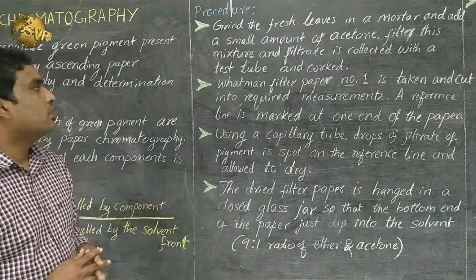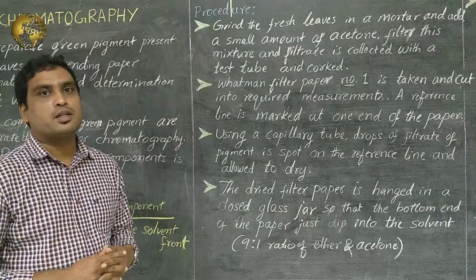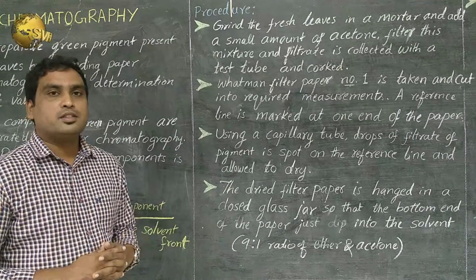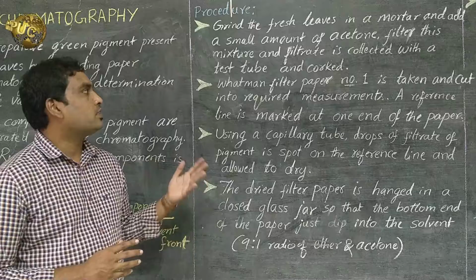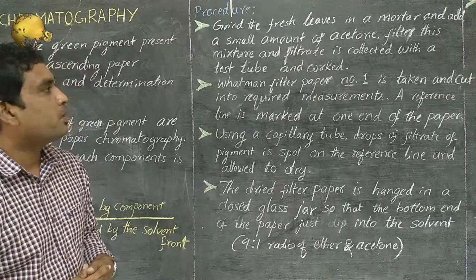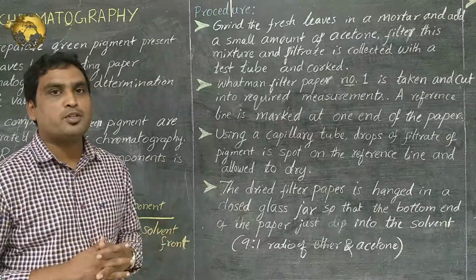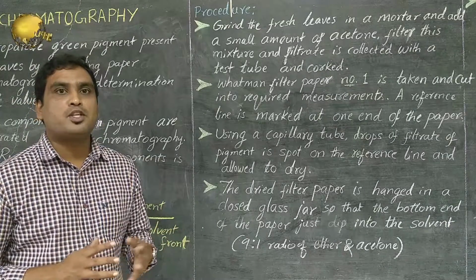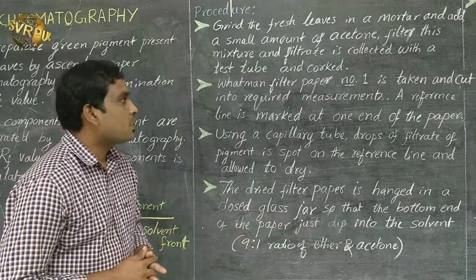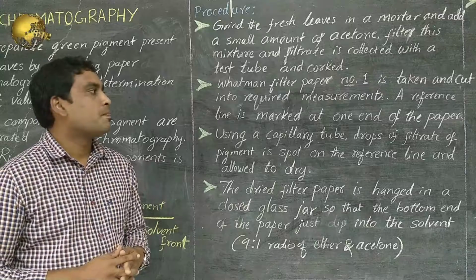Next, you should use a specially made cellulose filter paper called Whatman filter paper number 1. It is cut into measurements based on the measurements of the glass jar. The reference line is marked at one end of the filter paper.